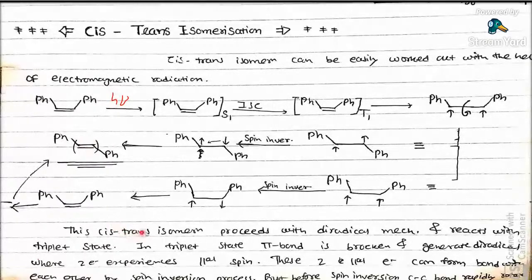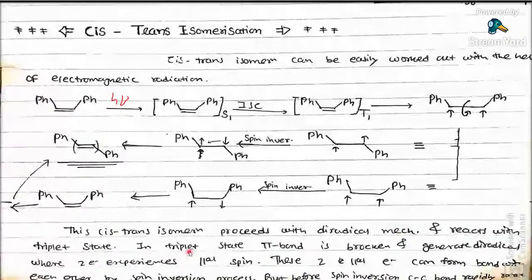So this cis-trans isomerization proceeds with the diradical mechanism, where these are the two radicals. As you have already studied, when some amount of h nu is present, there occurs the formation of two radicals. So this is a diradical mechanism and it reacts from the triplet state.